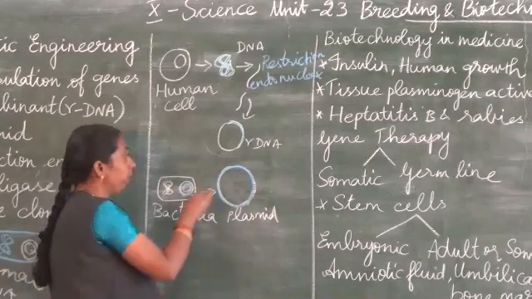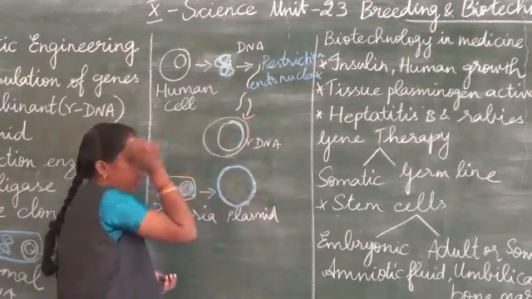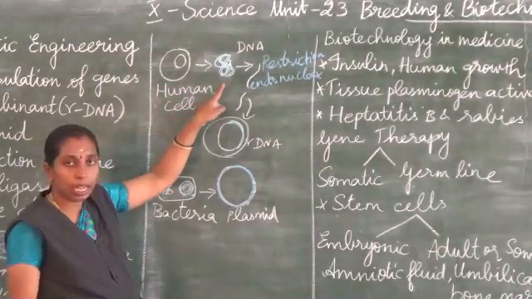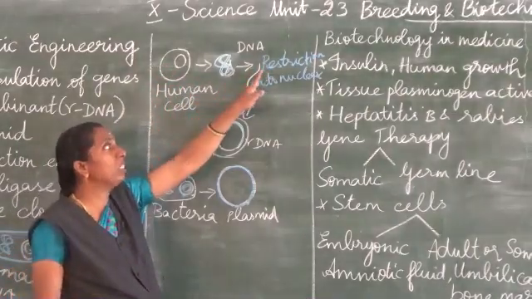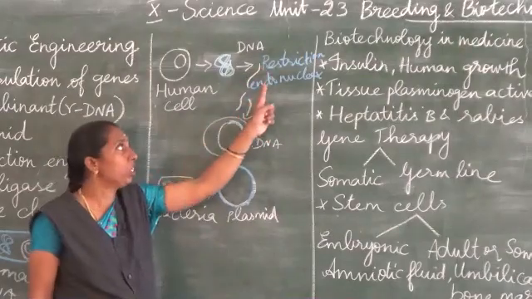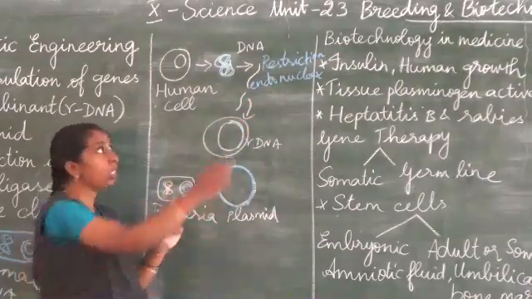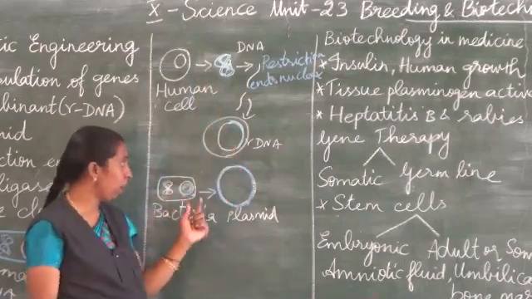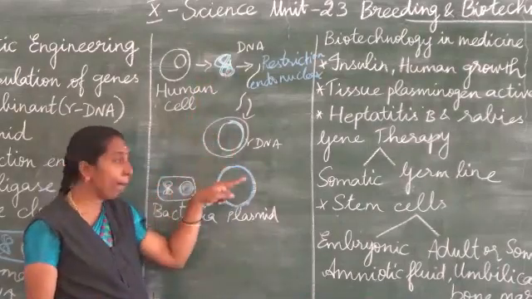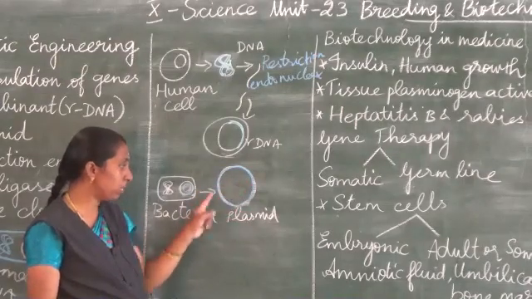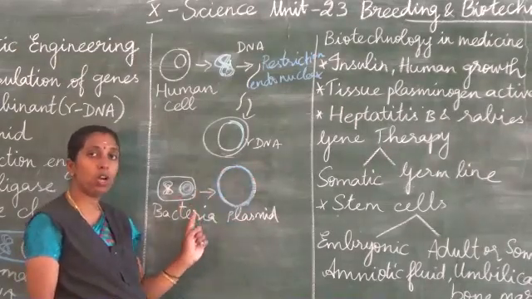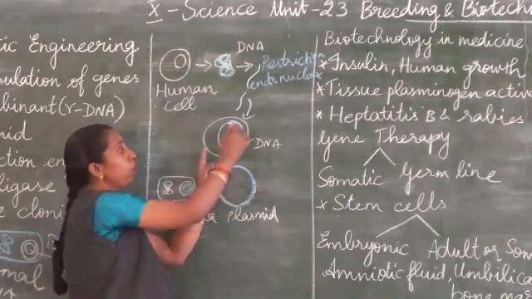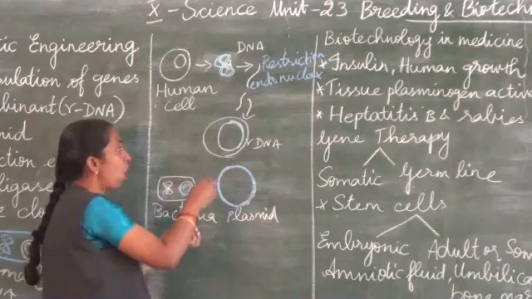First, DNA is collected from the human cell using the cut enzyme, restriction endonuclease. Similarly, this DNA has to be pasted in the plasmid. Even here, restriction endonuclease enzyme is used to cut, and in this plasmid we have to join this.